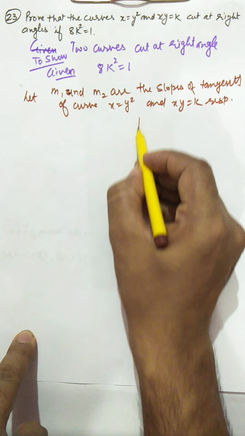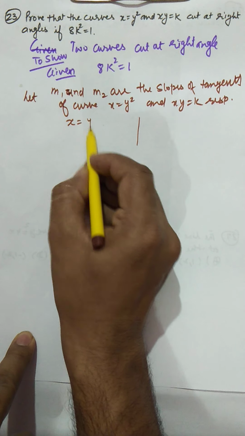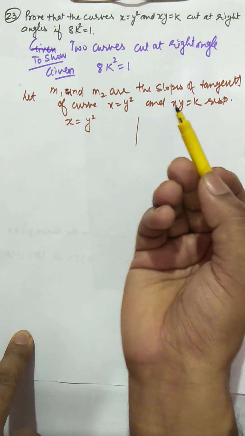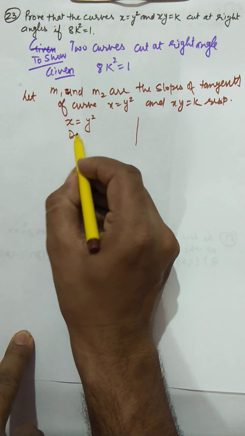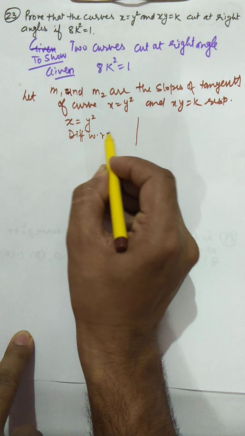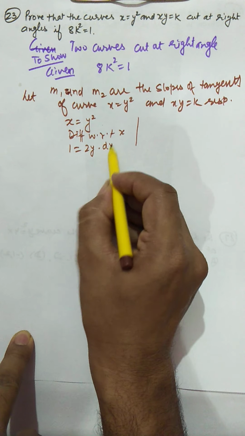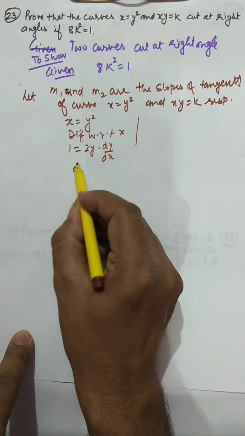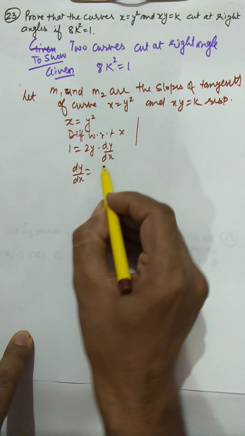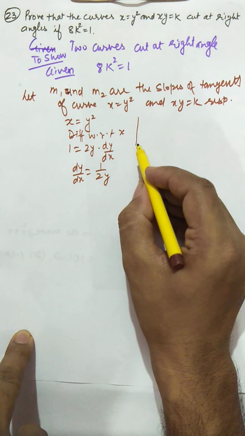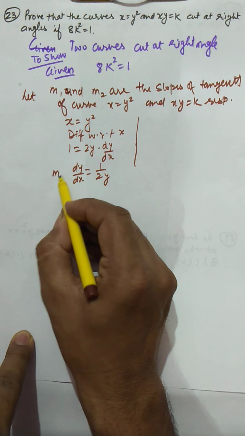First we'll do for x equal to y square. It's up to you how you want to find. Differentiate with respect to x. So this is 1, this is 2y into dy by dx. So your dy by dx will be 1 upon 2y. This is actually your m1.